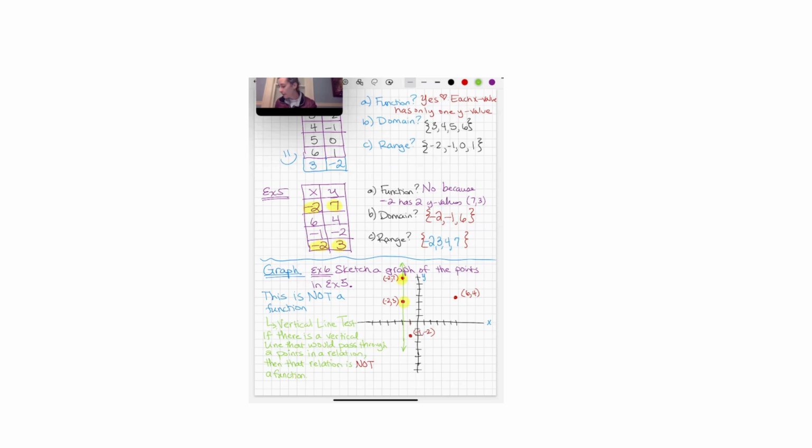So if you can find a vertical line that passes through 2 or more points on a relation, that relation is not a function.